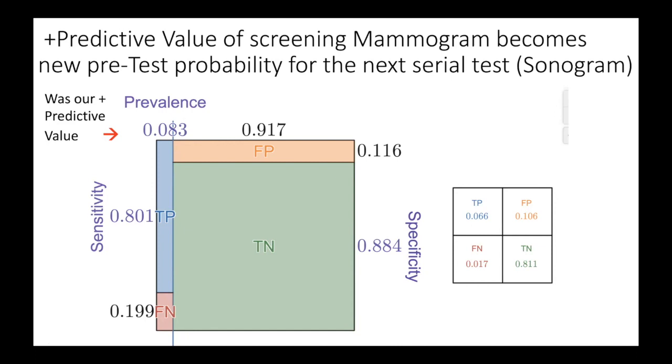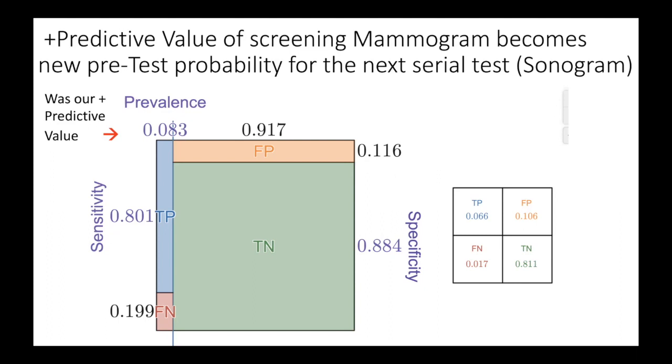Yes, exactly. 1% was the general population who might have breast cancer. But now that we've gotten a positive test, yeah, 8.3% isn't much, right? It's telling us that actually the vast majority of people are false positives. But now we can do the second test and we know there's an 8.3% chance this person actually has it. Because now we're looking at just the people who tested positive for the mammogram.